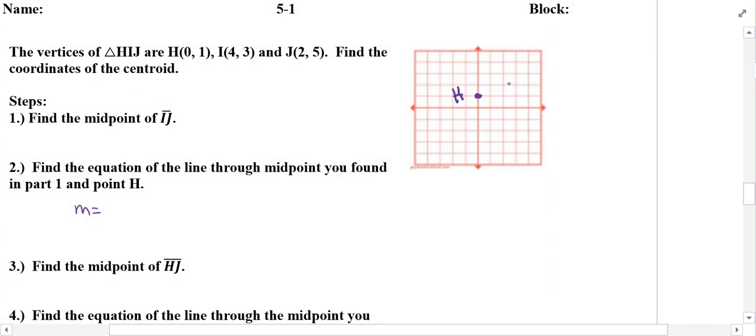We have I equals (4, 3). And we have J equals (2, 5). So there's our triangle.